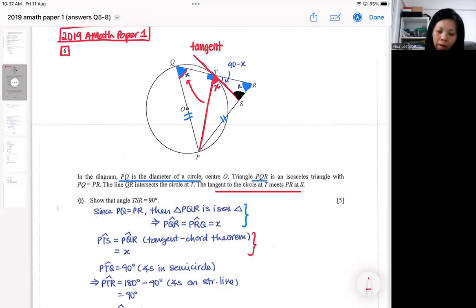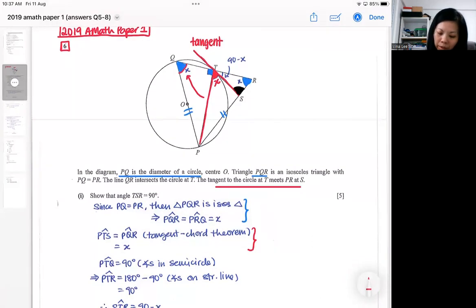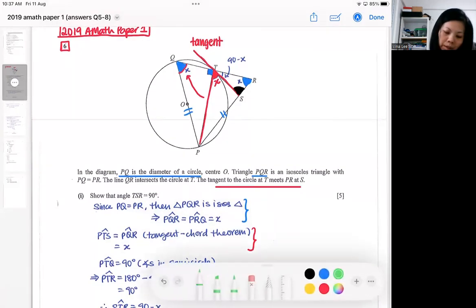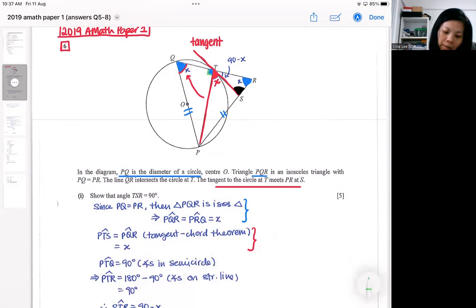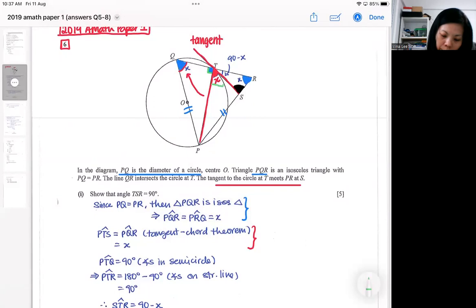Then after that, you do need to explain that this is angle in a semicircle, and that angle on a straight line makes the whole thing 90 degrees. You need to explain the two 90s because they come from different reasons.